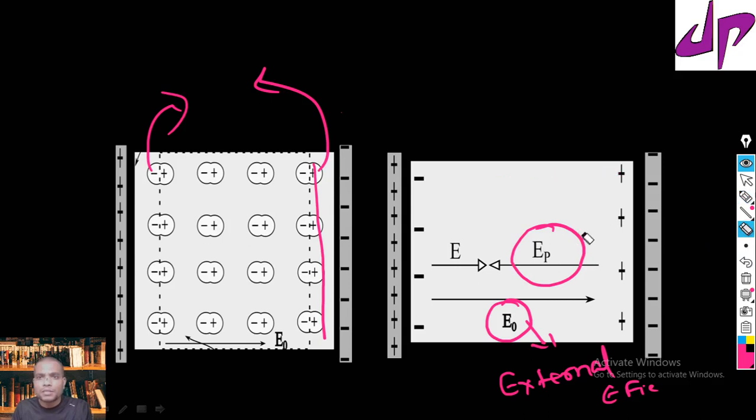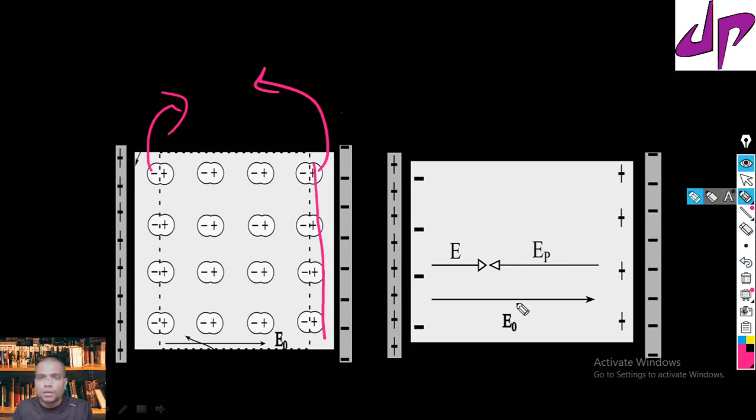That we represent as E suffix P, the electric field due to polarization within the dielectric slab.